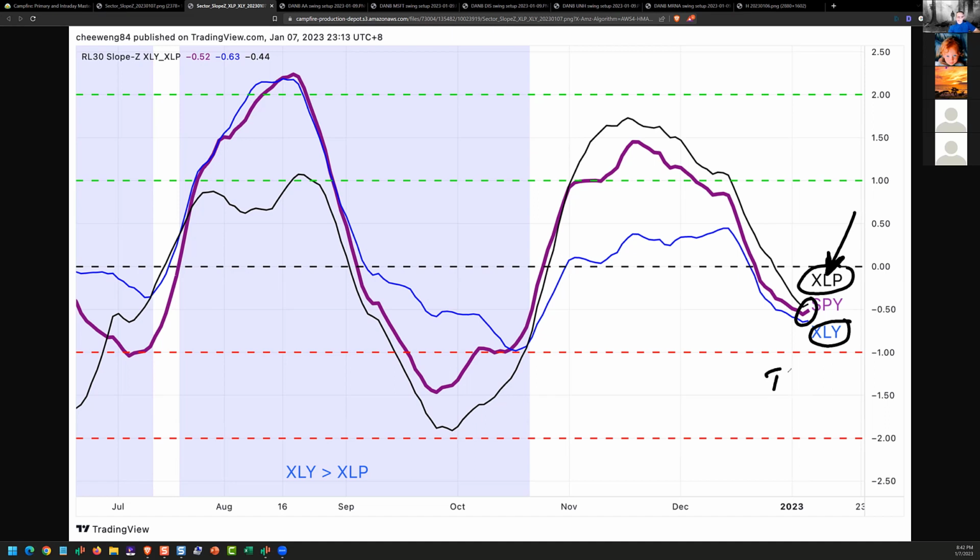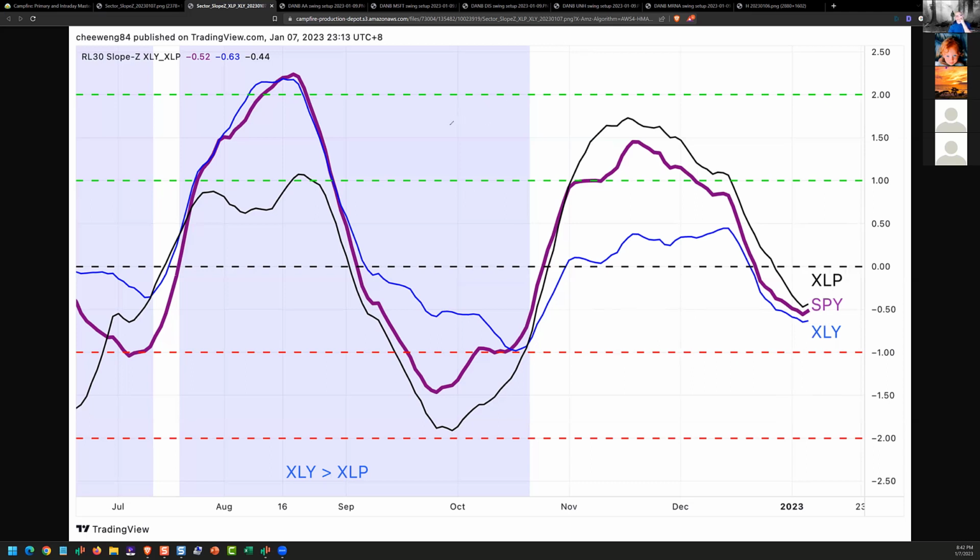Plus, we know that Tesla and Home Depot, who have had a bad quarter, are both the two largest components of XLY, so that's contributing to the underperformance here. But XLP feels good. That also will lead you to DIA, which has more XLP components than growth. So DIA is the strongest U.S. sector right now.